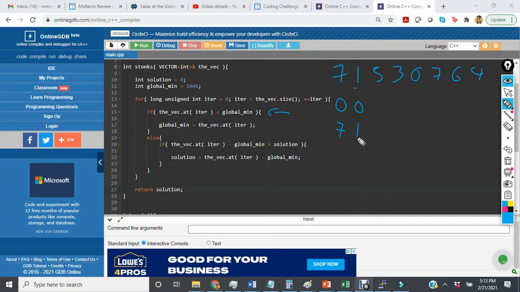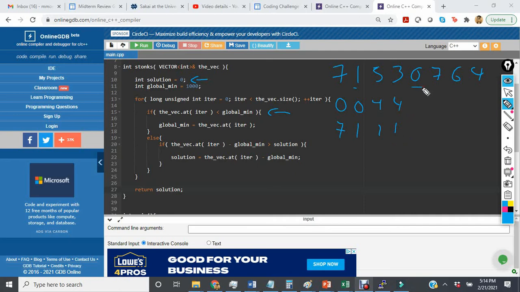Now we're going through the same thing. 5 is greater than the global minimum, but now we have if the vec at iter, which is 5, minus 1 is greater than the solution, so that's 0. So now we have 4, and our global minimum is still 1. We go back through, we see 3 is greater than 1, and 3 minus 1 is 2, which is less than 4. So our subsolutions continue to propagate.